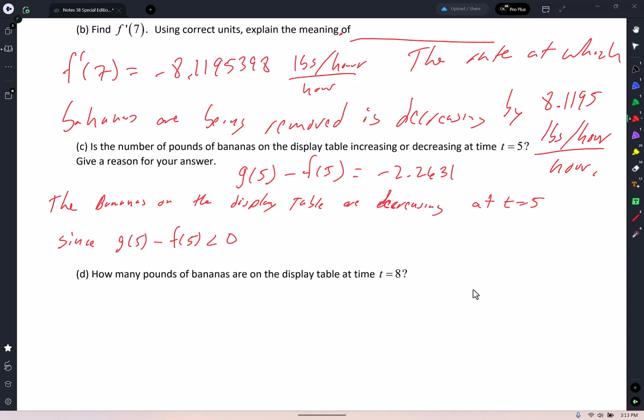That's how you say negative. Does that make sense, guys?